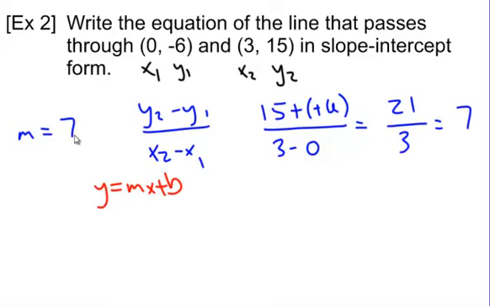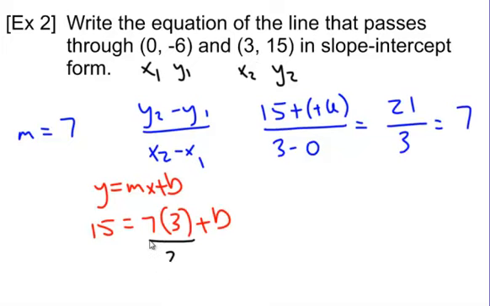So now we need y equals mx plus b form. And we know that the m is 7, so let's use these x's and y's to plug in. Now it doesn't matter which one, because either one, the point is actually going to fall on the line. So let's use this one. So I'm going to use 15 for my y. My m, remember, is 7. My x is 3. And plus b. We're solving for b.